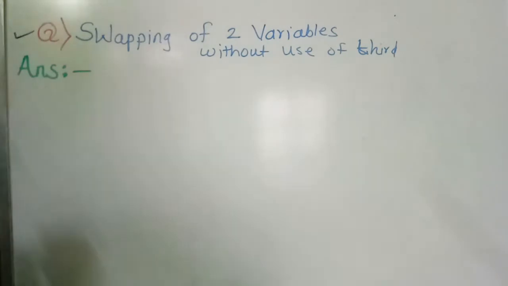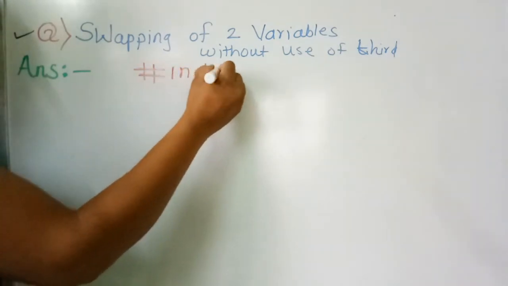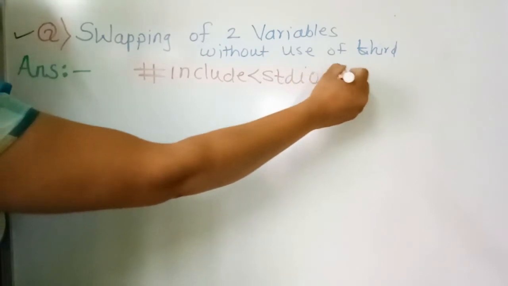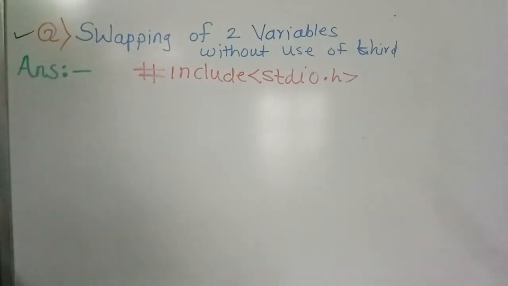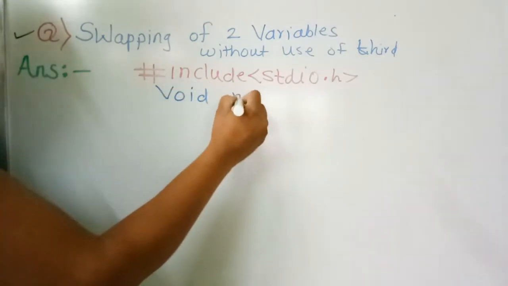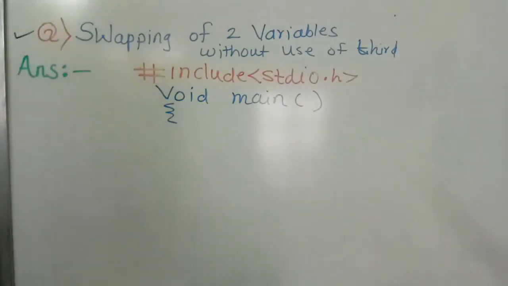Like we all know that every C language program starts with a header file, that is #include <stdio.h>. Now, after that, our program logic starts with the main section, that is the void main.